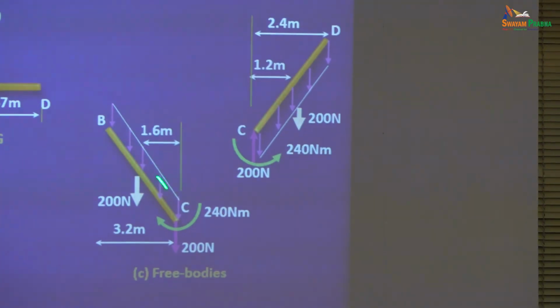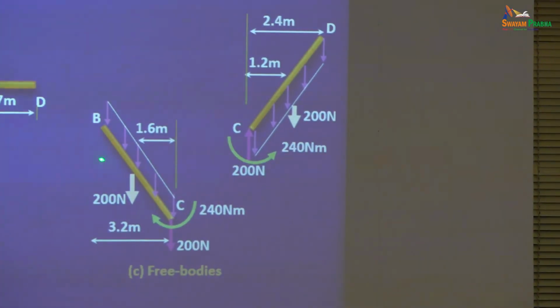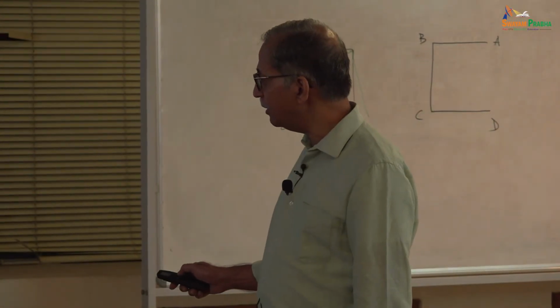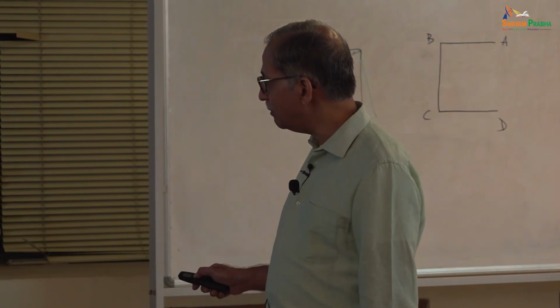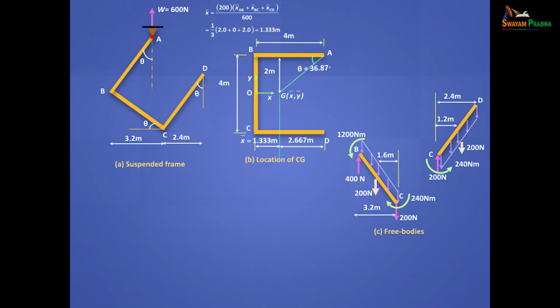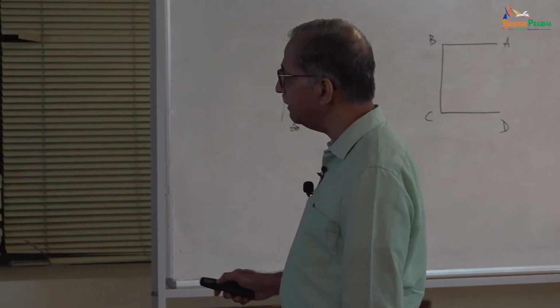And the UDL is acting, the resultant load is 200 Newton. At this B, what's your vertical reaction? This 200 plus this 200, 400, and your moment will be this moment plus 200 into 3.2 plus 200 into 1.6. It all adds up to 1200 Newton meter, which is a massive moment at B.